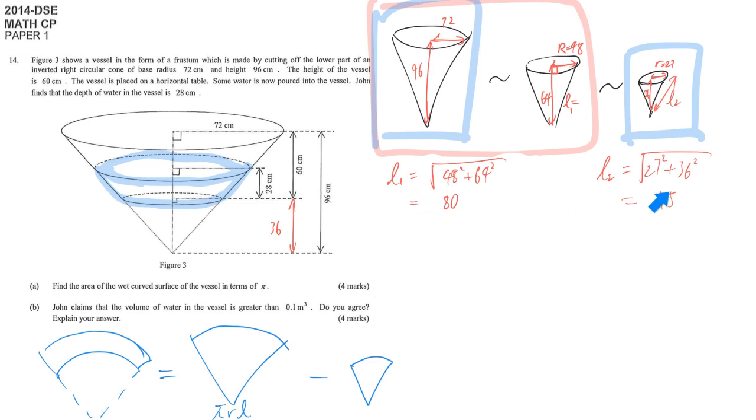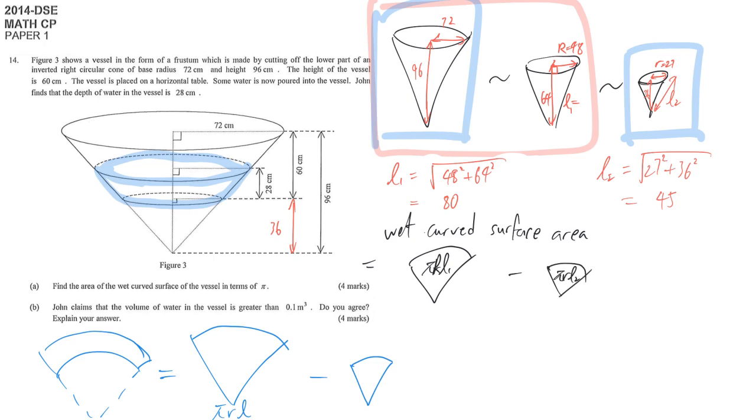We finished all the preparation work and we have all the data we need. Now we are going to use our original strategy to find out the red curved surface. It is equal to the original one, pi r L1, minus the smaller one, pi r L. So the base radius of this cone is 48.